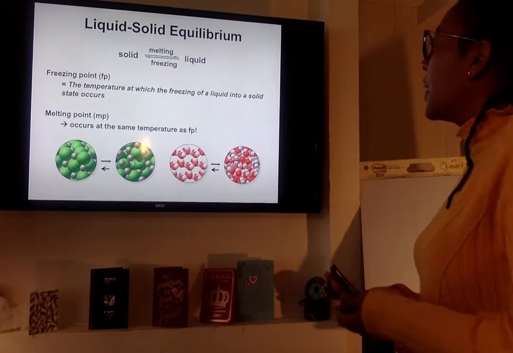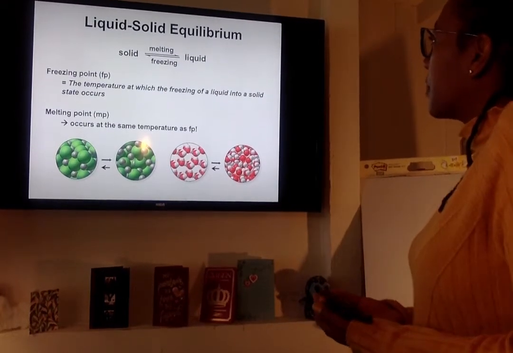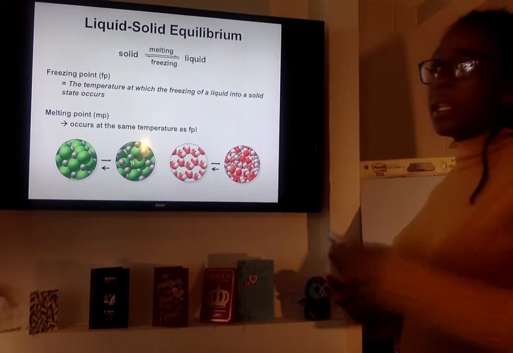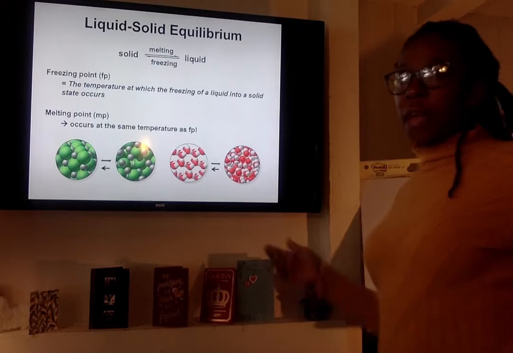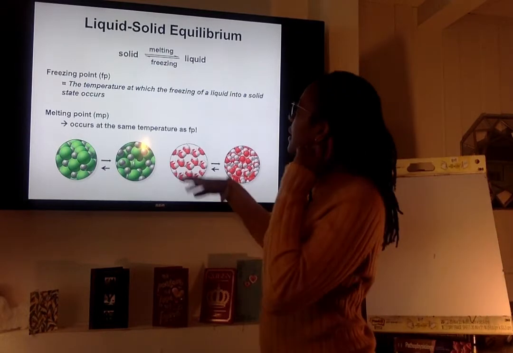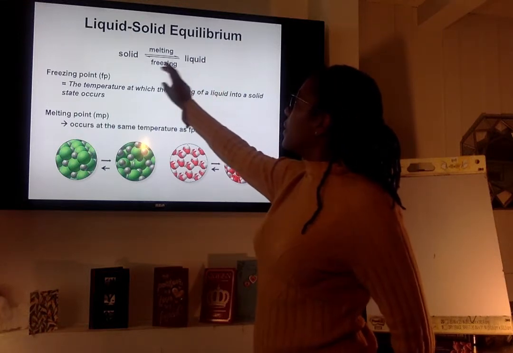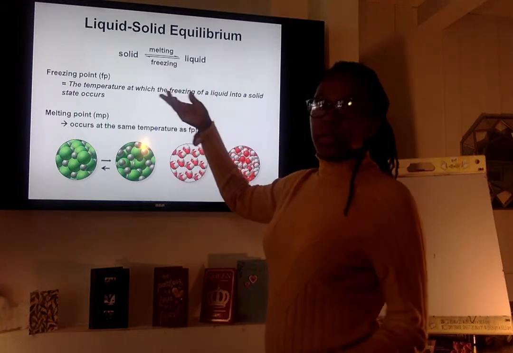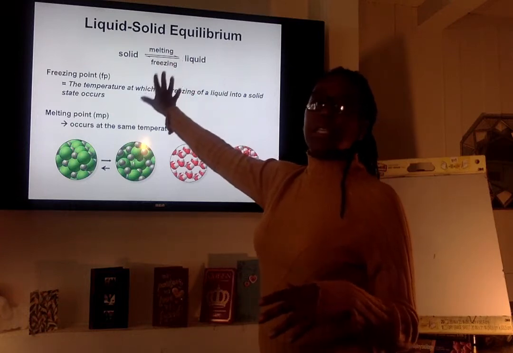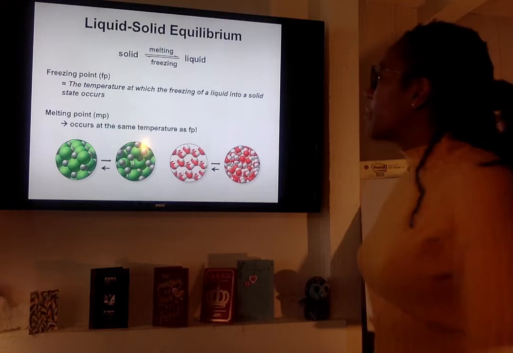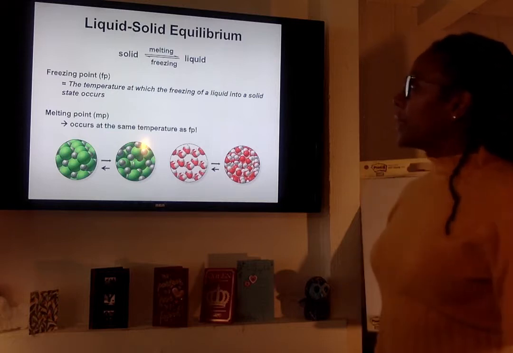Okay. So liquid-solid equilibrium. The phase change for that is the solid going to liquid, which means it's melting, or the liquid going to solid, which is freezing. So this is a pretty basic equilibrium that we know already, right? So freezing point, FP.